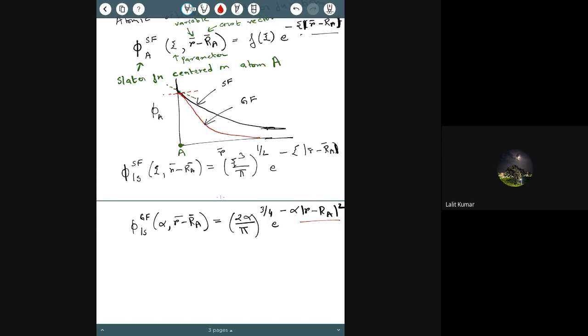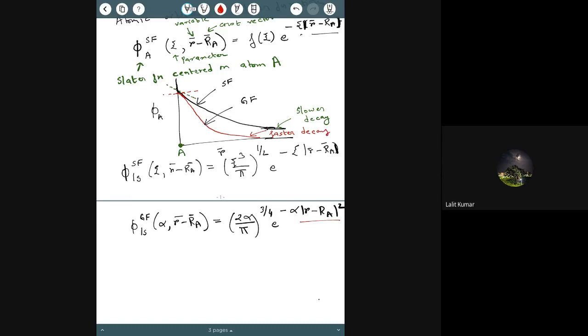And near the tail of the function, you have a slower decay for the Slater type function and a faster decay for the Gaussian type function.